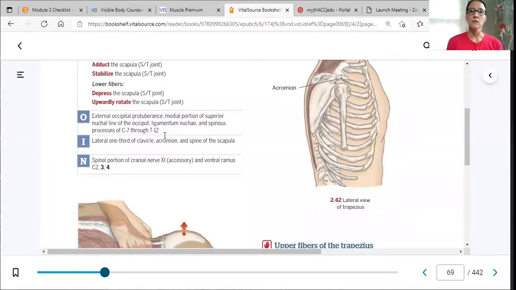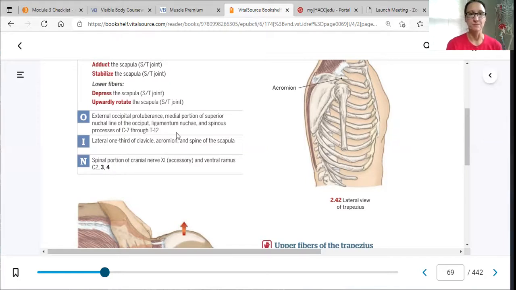Okay, so the origins of trapezius are extensive. I will read them and then I will explain this. We have the external occipital protuberance, the medial portion of the superior nuchal line of the occiput, the ligamentum nuchae, and the spinous processes of C7 through T12.